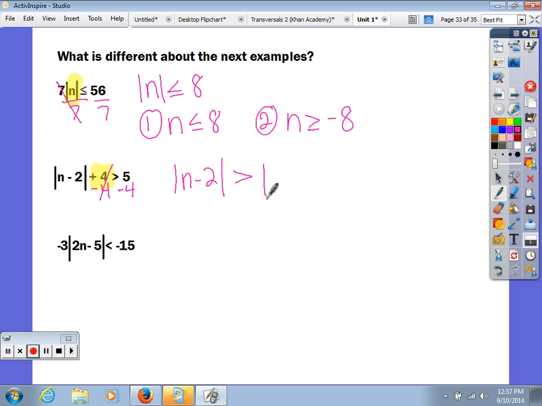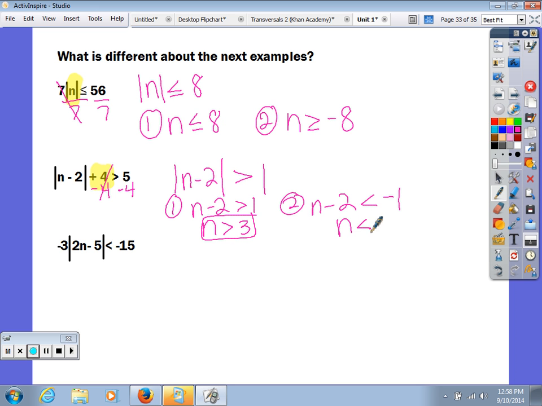And so for this problem right here, you can go ahead and make your two cases because the absolute value is by itself. So n minus 2 greater than 1. n minus 2 is less than -1, because remember, you flip and then you switch. Solving by adding 2 means we would get n is greater than 3, and then n is less than 1.